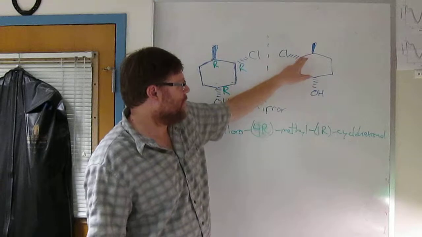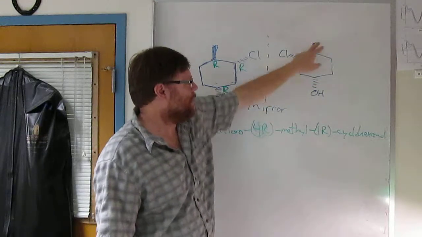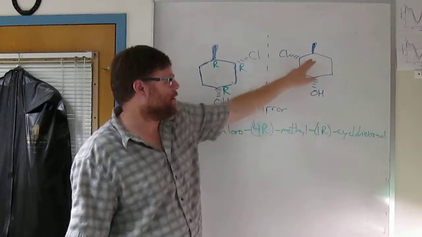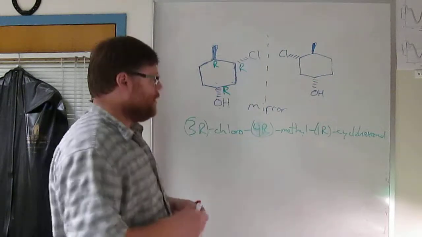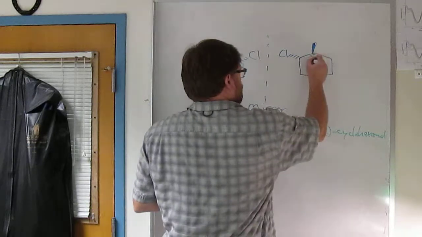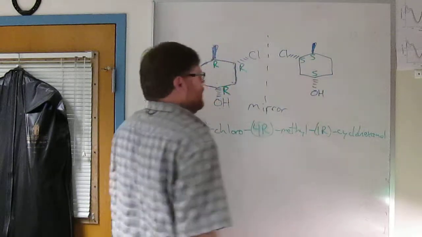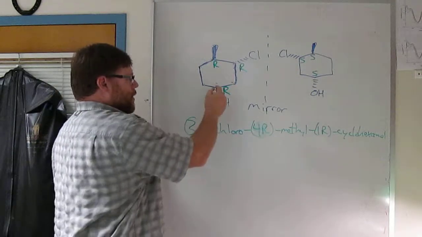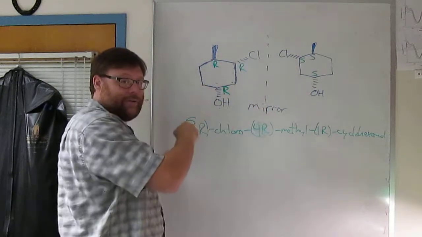Again, the priorities basically stay the same, 1, 2, and 3, but now you've reflected the clockwise circle, and it's a counterclockwise circle. That's going to make this an S carbon. And if you do that for all of these, you'll find that when you do this mirror reflection, all R's should turn to S, and all S's should turn to R's.